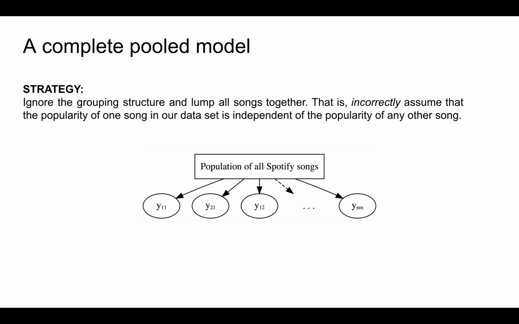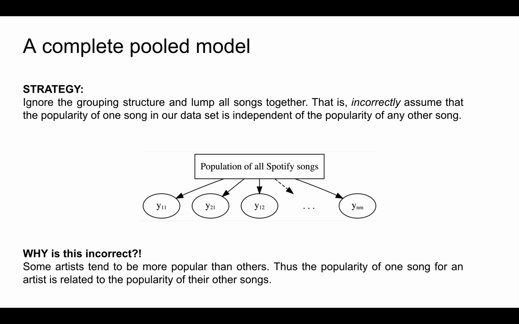Using our current toolbox, we might try to model this group structured data using a complete pooled strategy. Represented by the flowchart here, a complete pooled model entirely ignores the grouping structure, lumping all songs together in a single pool. That is, by assuming that what we have is a random sample from the entire population of all Spotify songs, this model incorrectly assumes that the popularity of one song in our dataset is independent of the popularity of any other song.